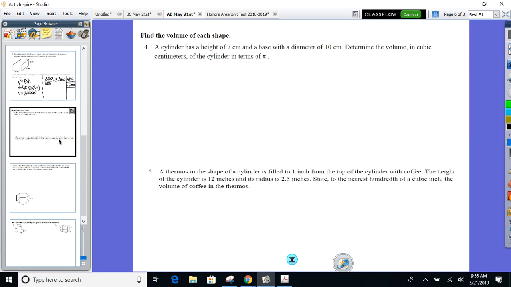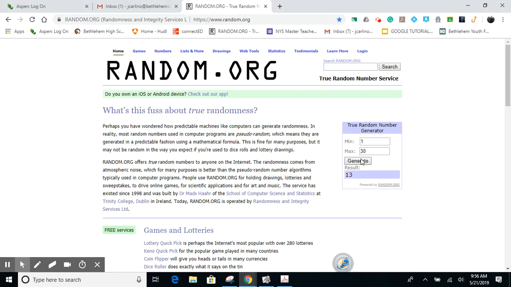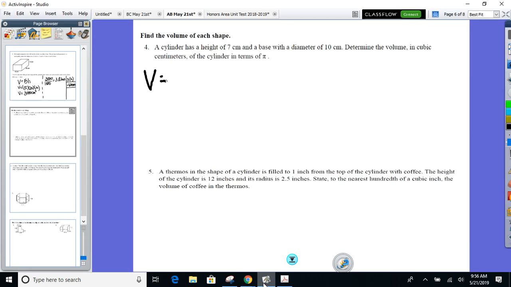All right, let's go cylinder then. Volume of the cylinder in terms of pi. Okay, use your reference sheet if you need it. Volume of a cylinder.